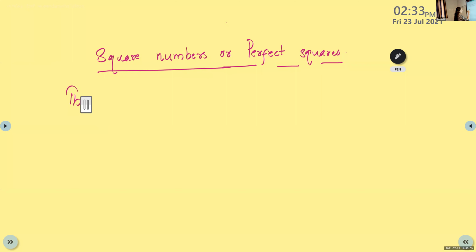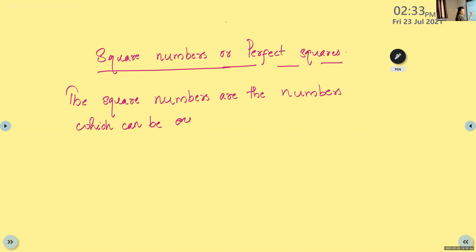The square numbers are the numbers which can be expressed as a product of the number with itself.